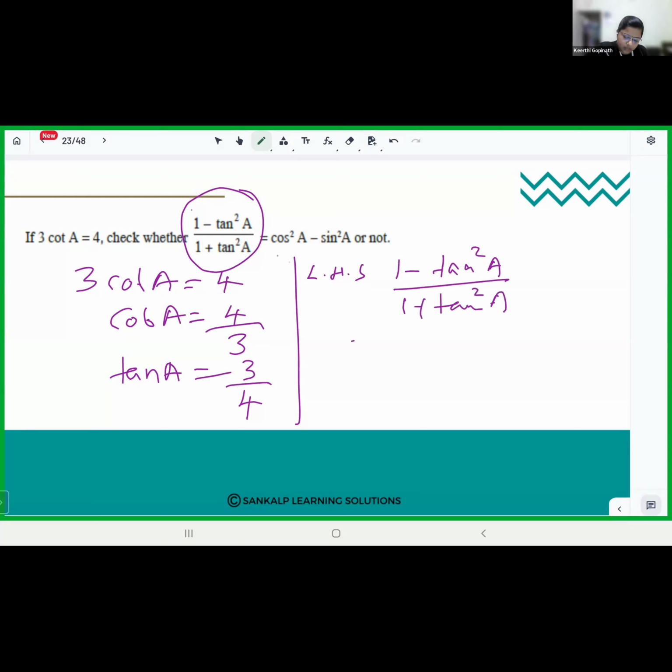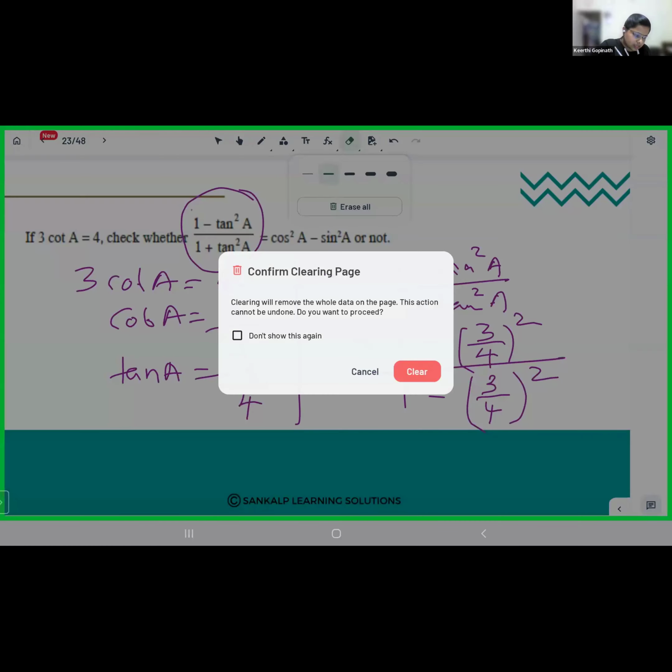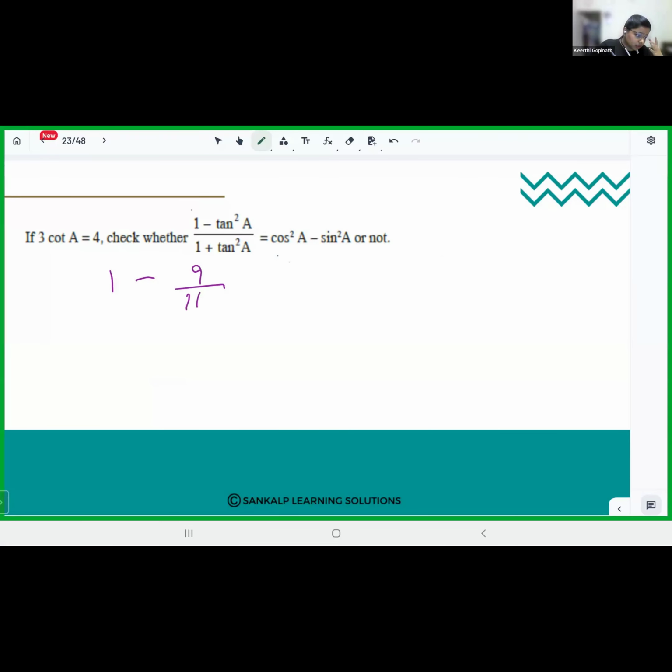So this can be written as 1 minus 3 by 4 the whole square divided by 1 minus 3 by 4 the whole square. Now we need to solve this one. Tan A is 4 by 3, right?